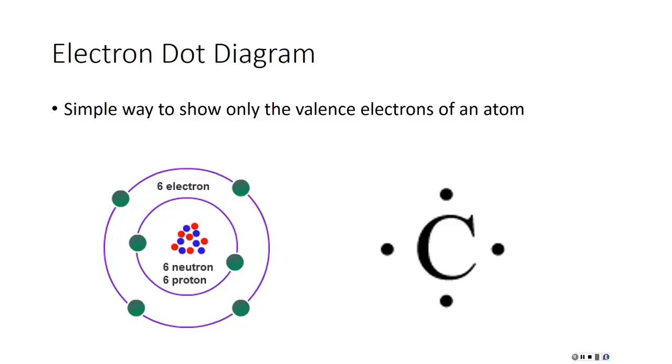Okay, so potassium is going to be the symbol for the element, which is the K, and then 1 dot because there's 1 valence electron. And it doesn't matter what side the dot's on or anything like that, just 1 dot there associated with it. Does that make sense for everyone?